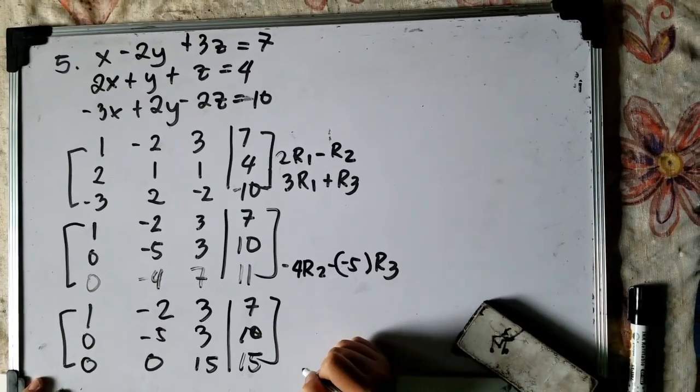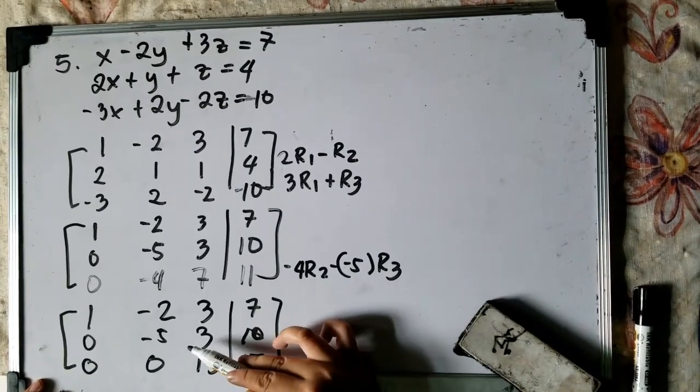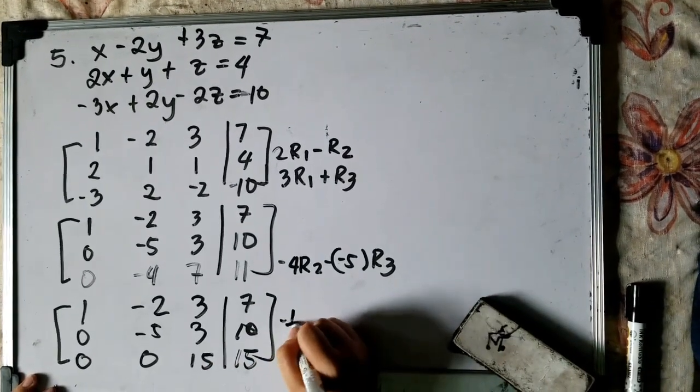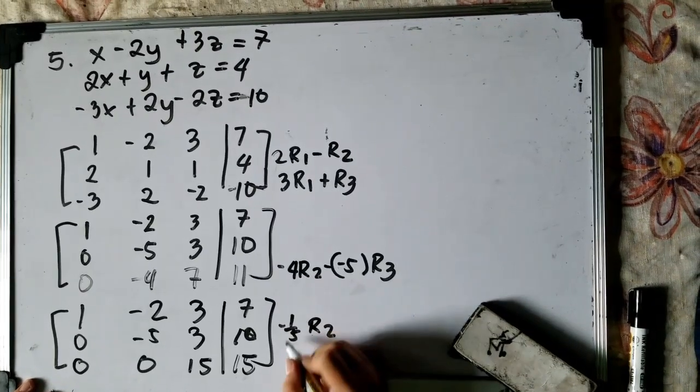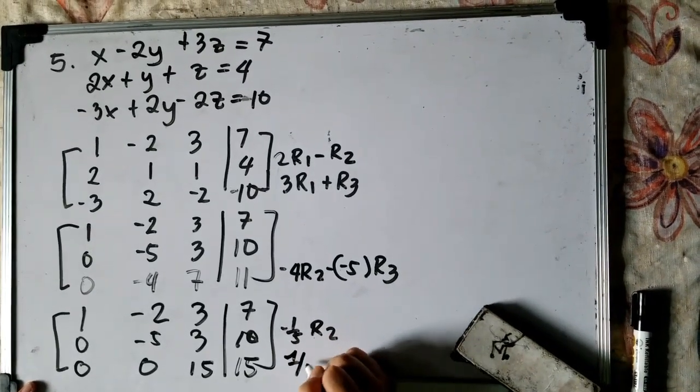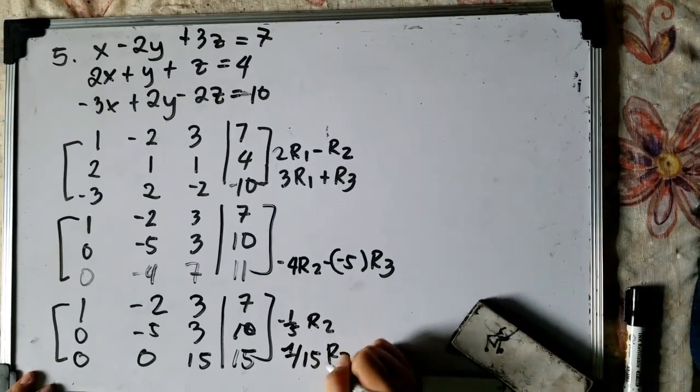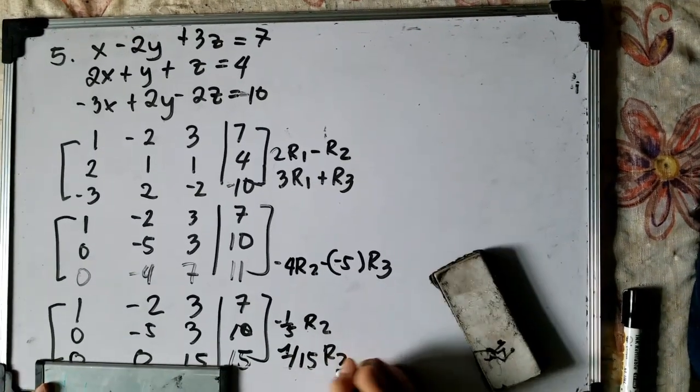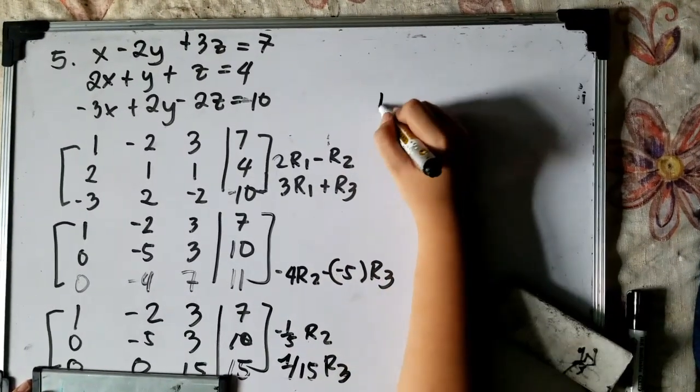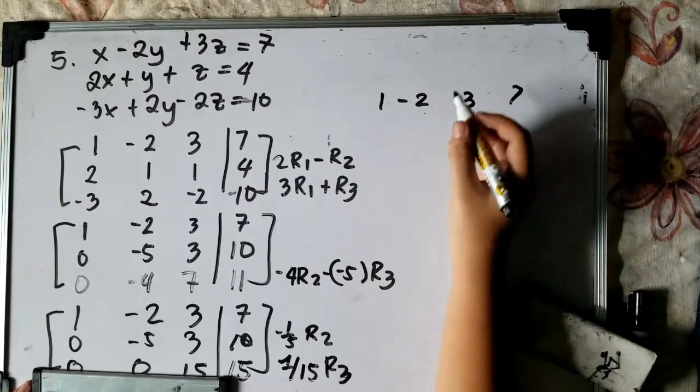So let's make this negative 5 into 1 by multiplying R2 by negative 1/5 and R3 by 1/15. So copy 1, negative 2, 3, 7.